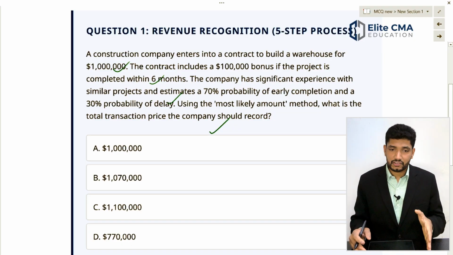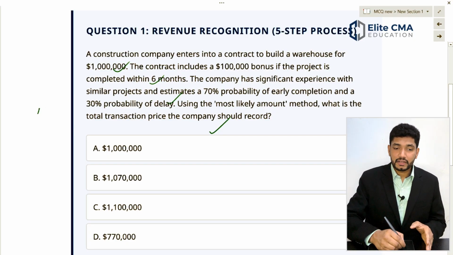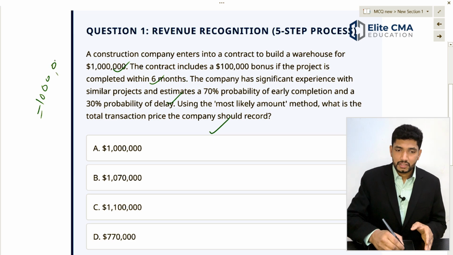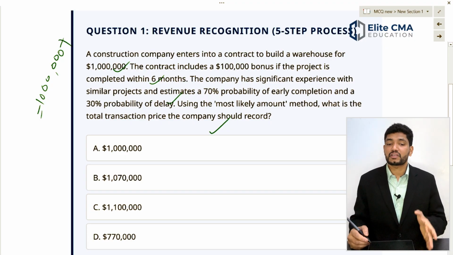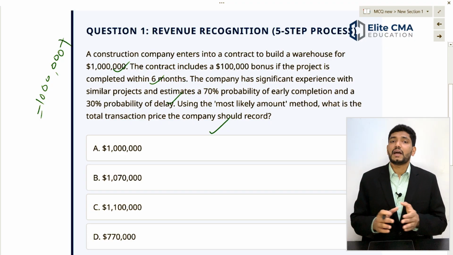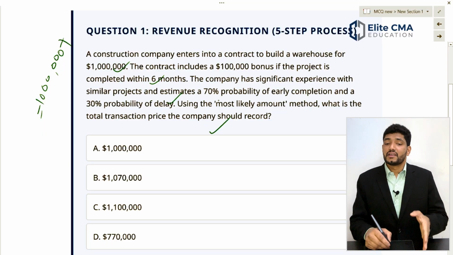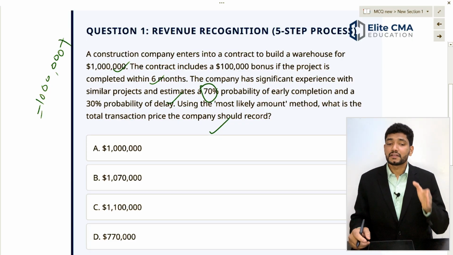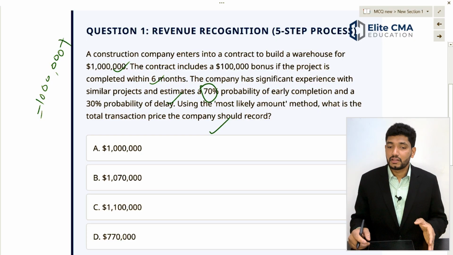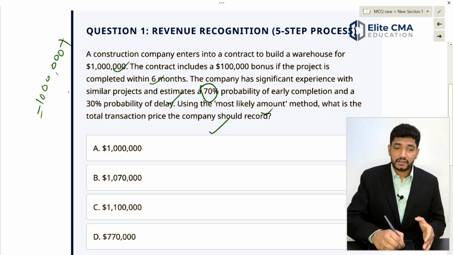The total transaction price includes 1 million, this is the contract price, plus there is a 100,000 bonus if the project is completed within 6 months. And the company estimates a 70% probability of early completion and a 30% probability of delay. So, based on the most likely amount method, you can add this 100,000 also to the contract price.